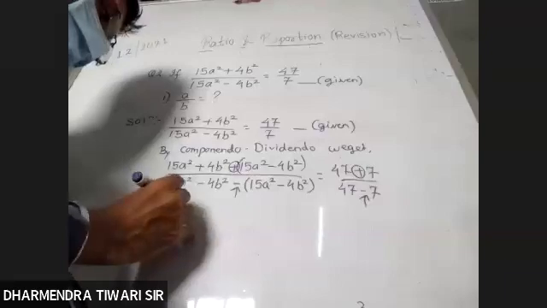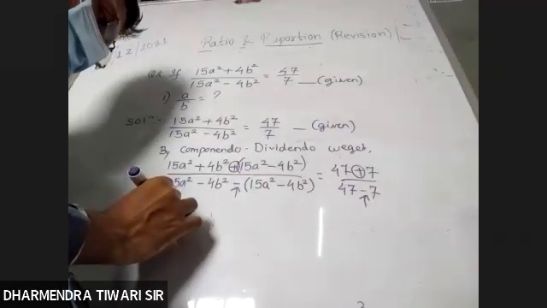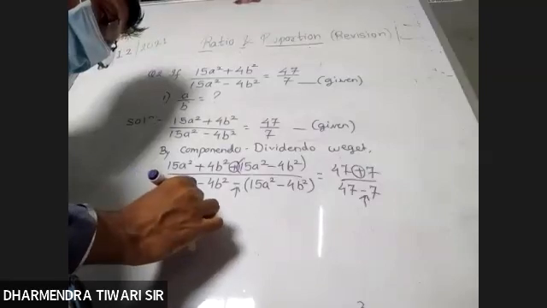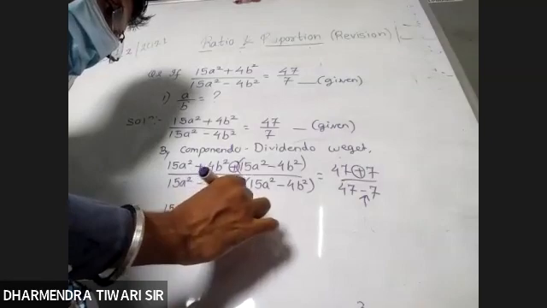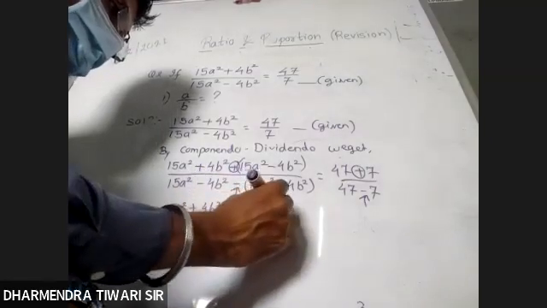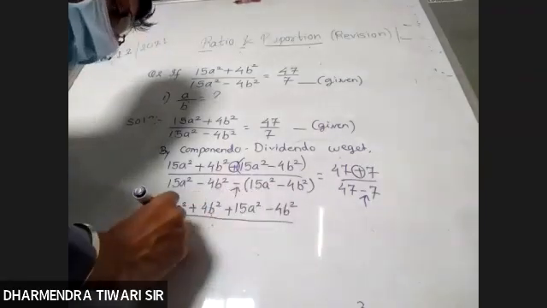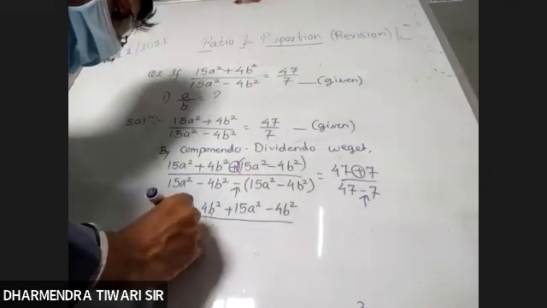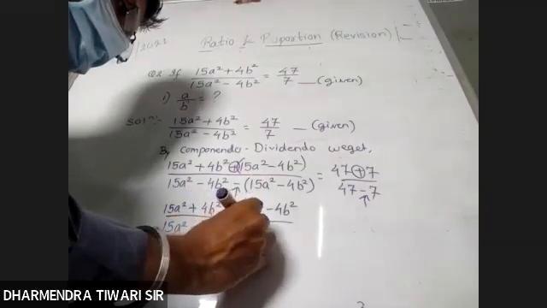After opening the bracket, what will you get? 15a square plus 4b square plus 15a square minus 4b square divided by 15a square minus 4b square minus 15a square.